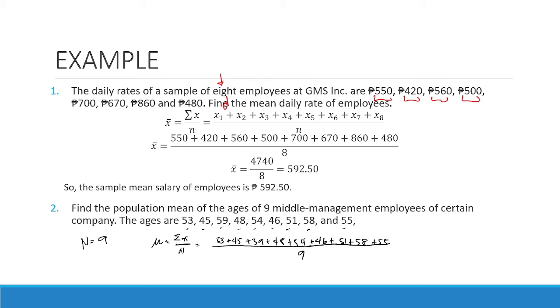So, we have here 53 plus 45 plus 59 plus 48 plus 54 plus 46 plus 51 plus 58 plus 55. Hopefully, we got the same. That will be 469 divided by 9.